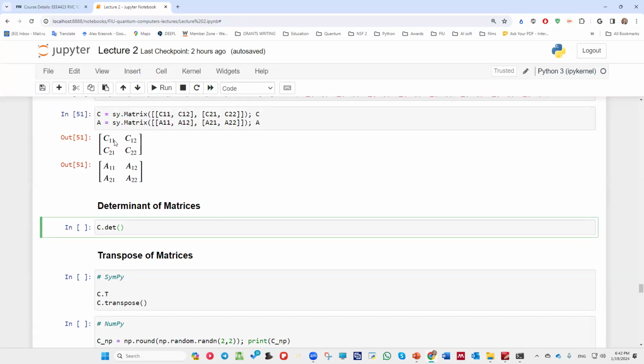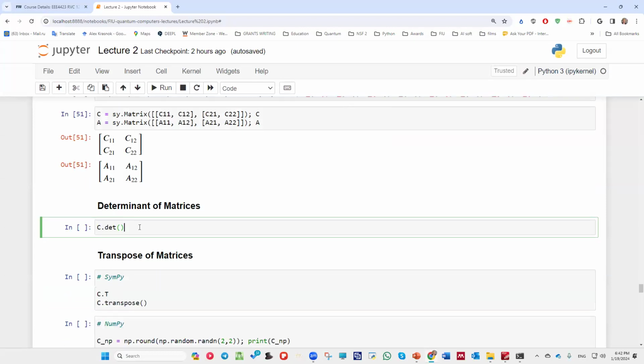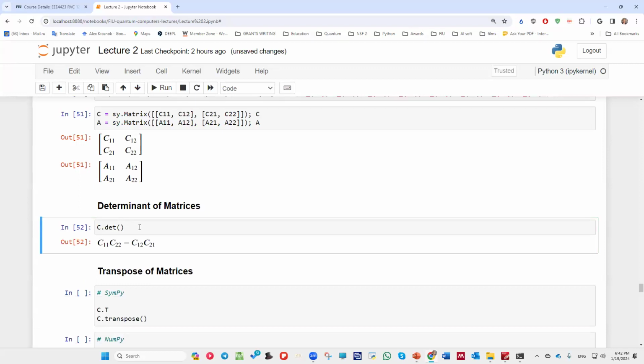So having this matrix C, for example, I can calculate the determinant. You remember that for this simple 2 by 2 matrix, in order to get the determinant, I take the product of the diagonal components, C11 times C22, and subtract the product of the off-diagonal components, C21 and C12, right? And of course, we can do this using SymPy. In SymPy, it's pretty simple.